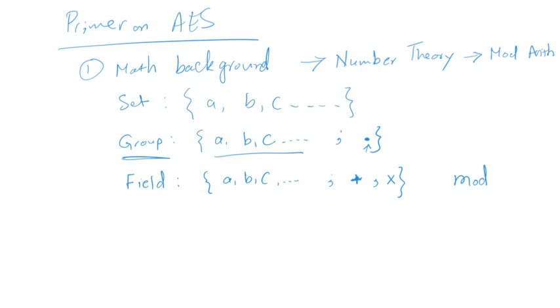Relatively prime. Yeah. So if the two values are relatively prime, right, then in that case we will have a multiplicative inverse for all elements in the set.